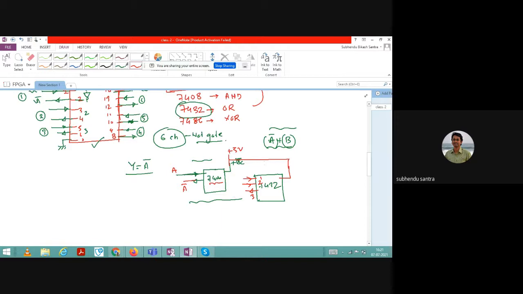You will give the b input at that particular pin, and a bar, which is the output from the first chip, you will connect to the second, and finally this is your output, y is equal to a bar plus b.